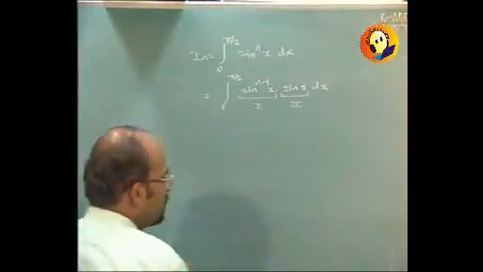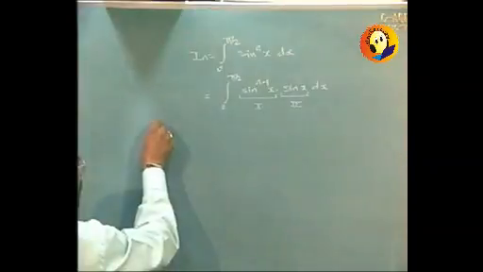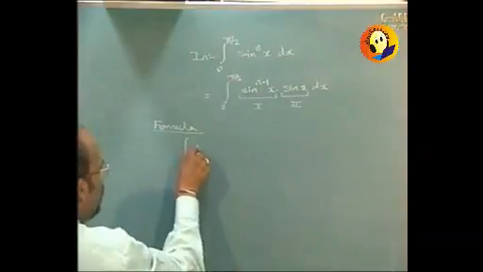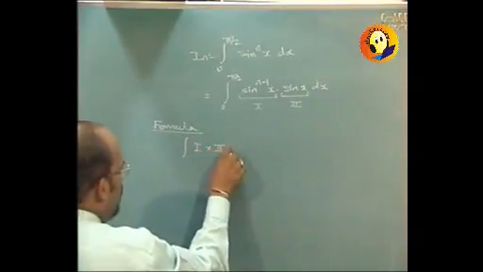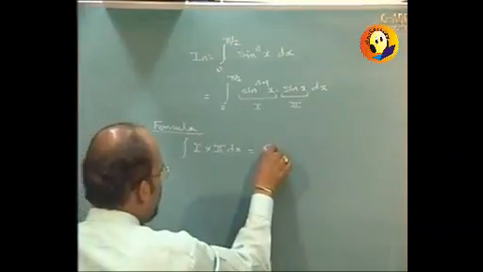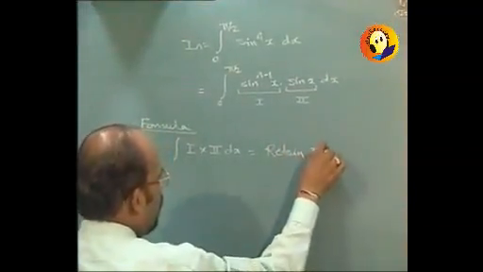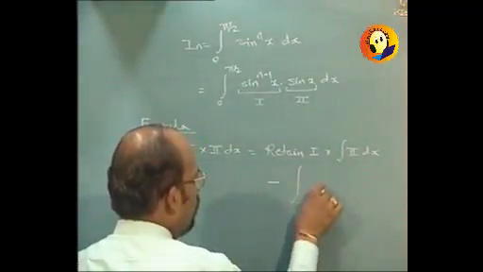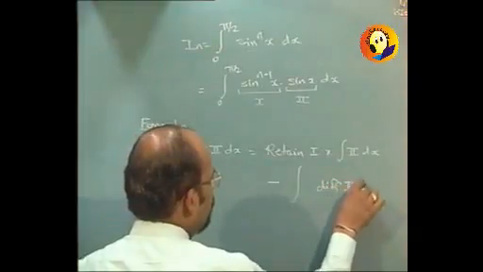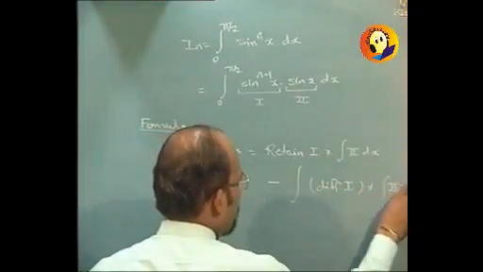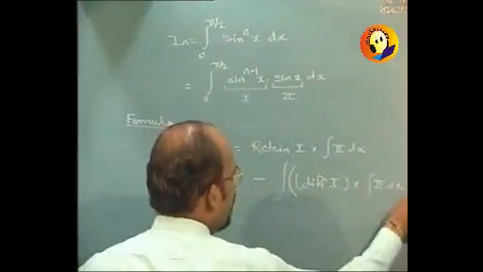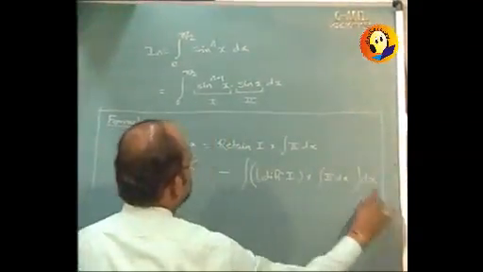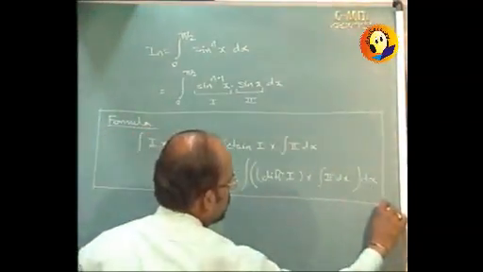The formula says that integral function 1 into function 2 dx is equal to retain first into integrate second, minus integral of differentiate first into integrate second, and this product is to be again integrated. This is the formula for integration by parts, and this formula is to be used in this case.